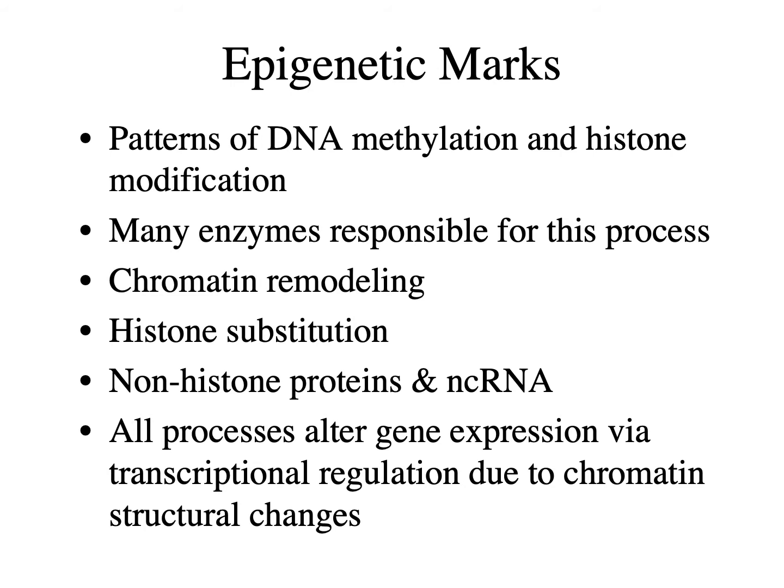So we can alter how the histones behave in terms of chromatin structure based on modifications such as acetylation. Those are examples of things that can happen. Methylation, acetylation are different, and sometimes even phosphorylation of the histones can alter the chromatin structure.